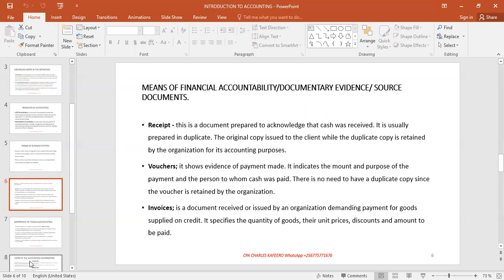The other document we can talk about is a voucher. A voucher is just evidence of payment made. The difference between a voucher and a receipt is that for the voucher, we are not supposed even to prepare it in duplicate. We are supposed to have only one copy, because we have already paid out the money. So there is no need for the company to remain with a backup, because we are giving you the voucher to go and pick the goods where we paid them.